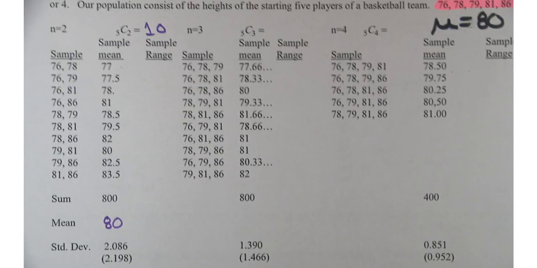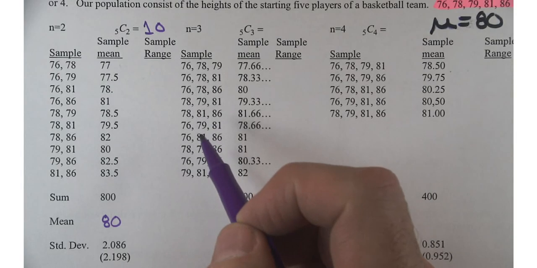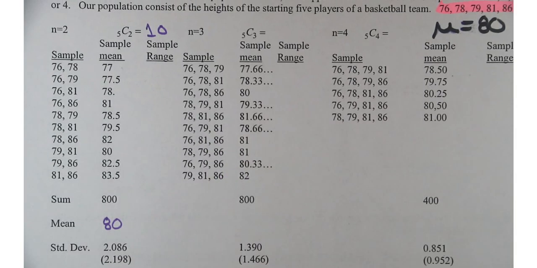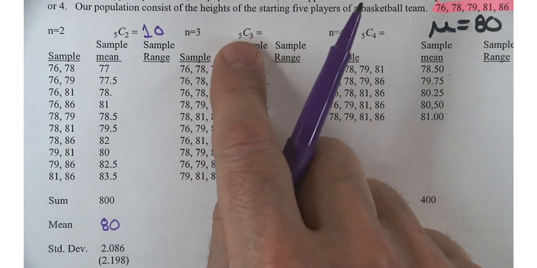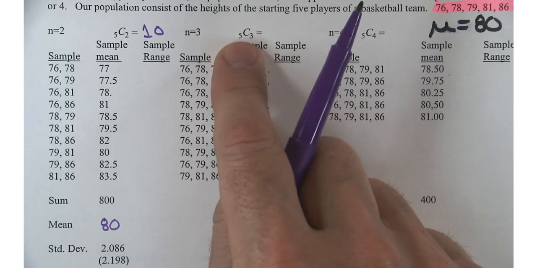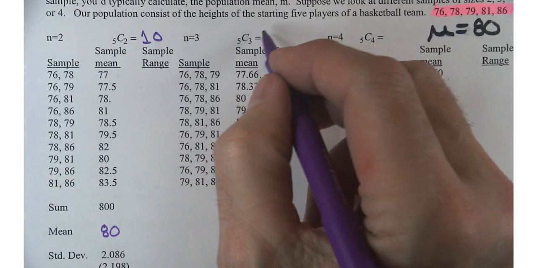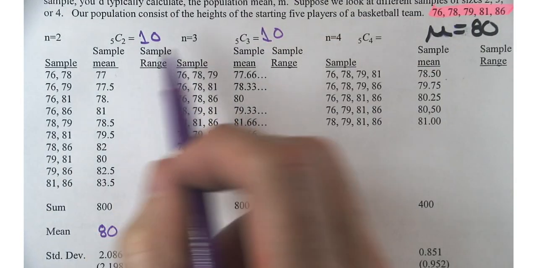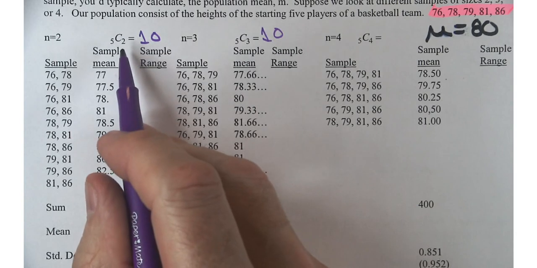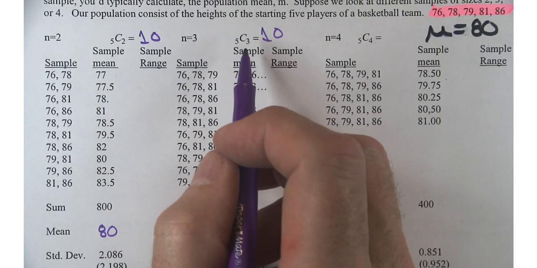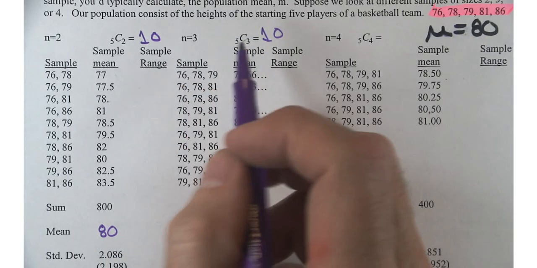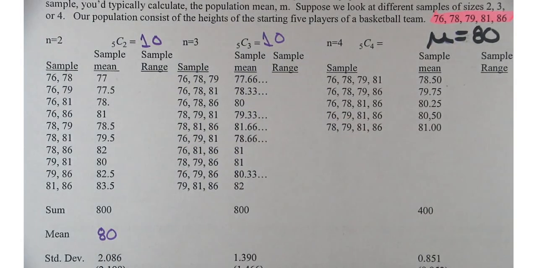But maybe I got a little burst of energy. Maybe I said, you know what, let's bump it up to samples of size 3. How many samples of size 3 are there from a population of 5? 10 again. And that's interesting that they're symmetric, but if you think about it, choosing the 2 that you want is like choosing the 3 that you don't want, right? You're just leaving them off. So these 2 numbers should be the same.